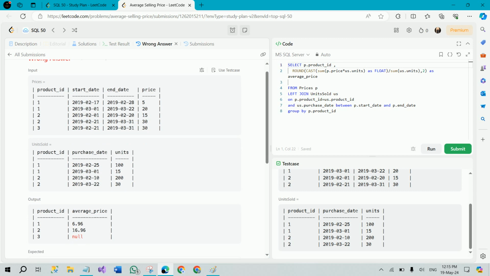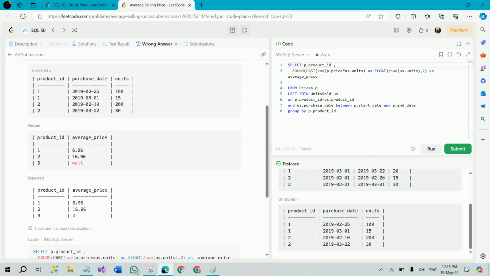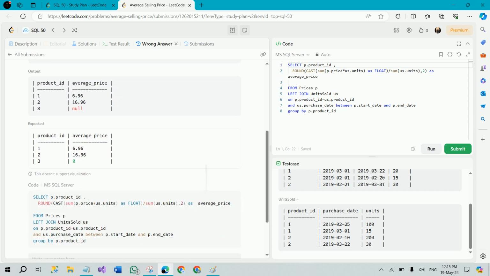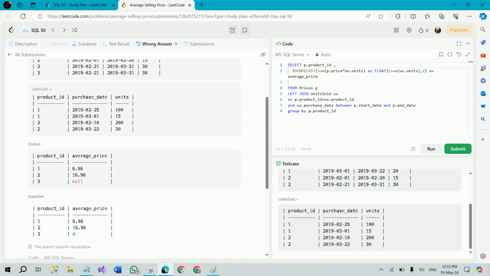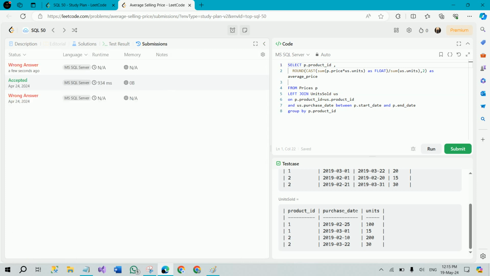We have failed because we got null somewhere while it should have returned 0. So we need to use null checks here. If there is a product in the prices table for which there is no record in the units sold table, we won't be able to get the units, and in that case we will be getting null here. So we have to apply the null check.